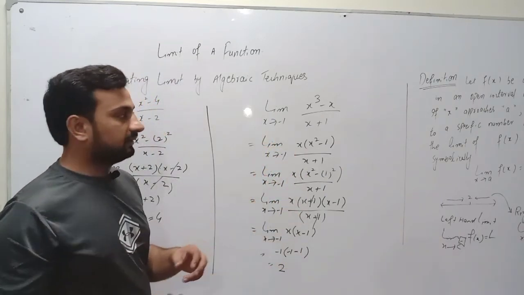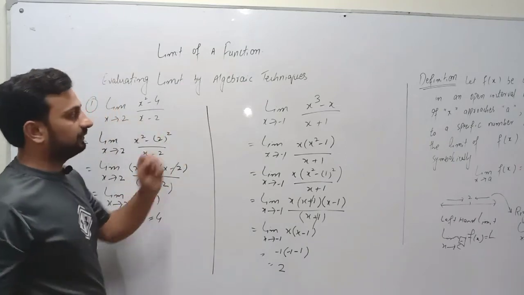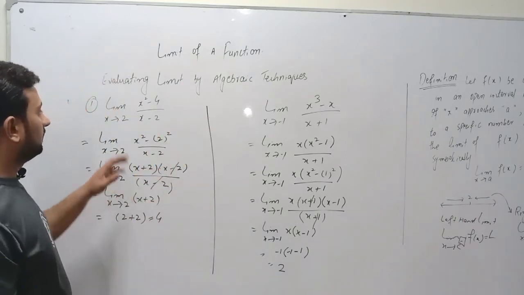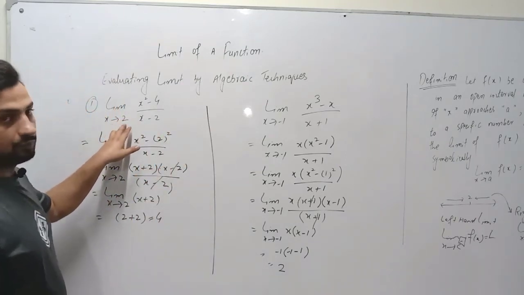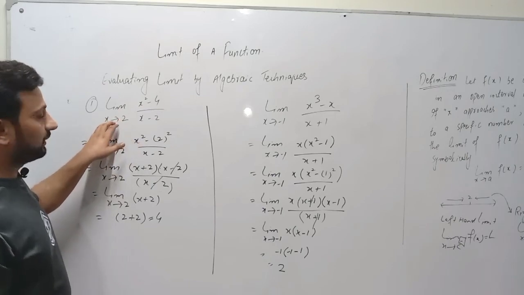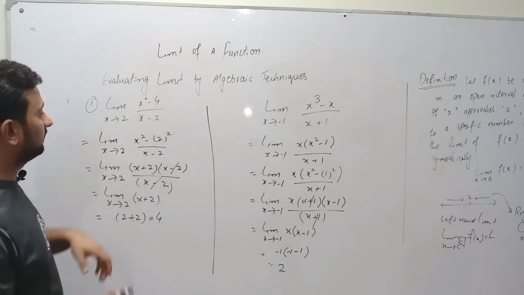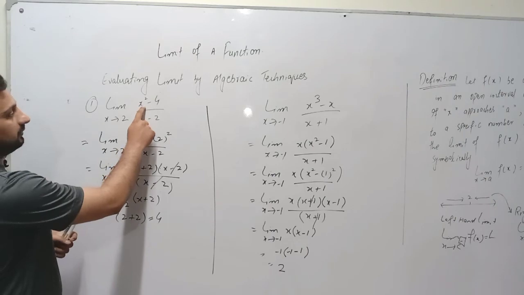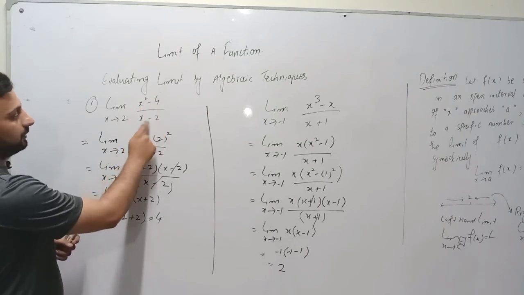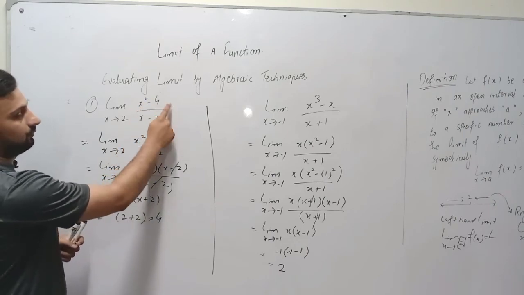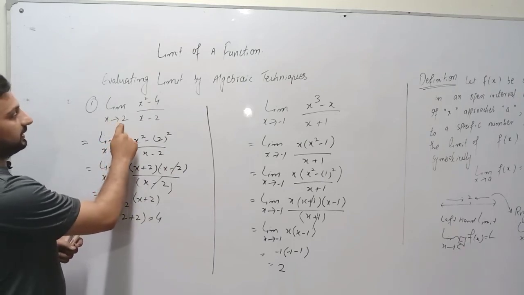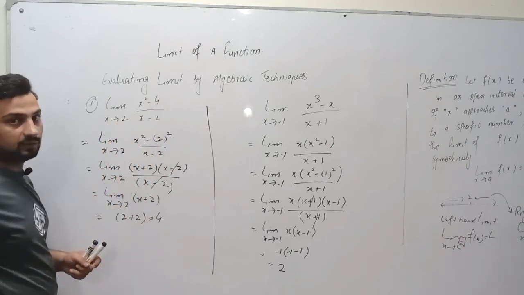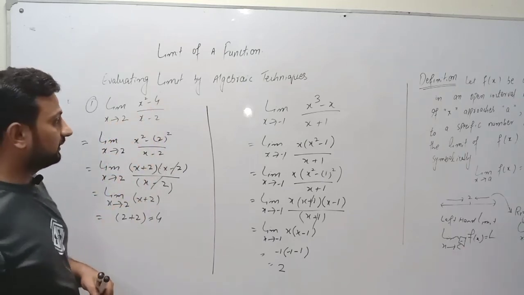Also, clear one thing: in both of these functions, where x approaches 2 was given, just put x equals 2 first in that function. 2 squared means 4, minus 4, over 2 minus 2, and that will give a 0 over 0 form if we directly substitute into the function without using algebraic techniques.